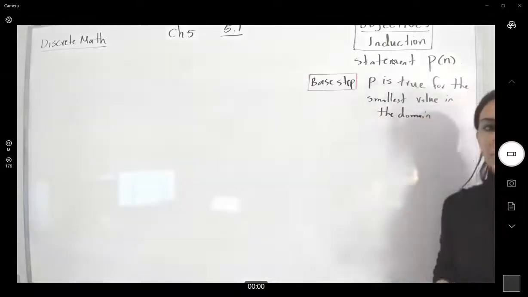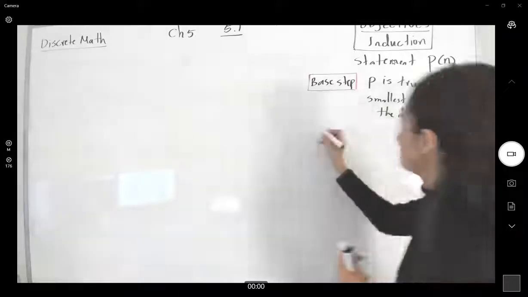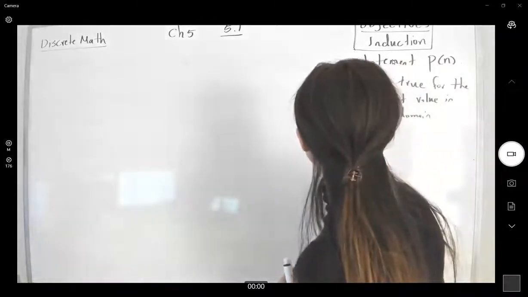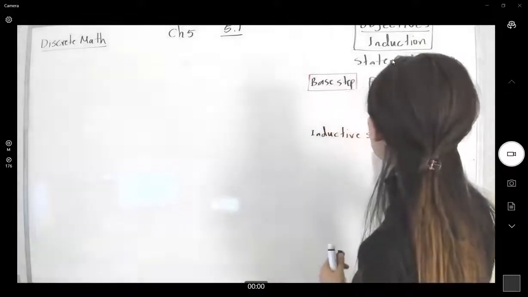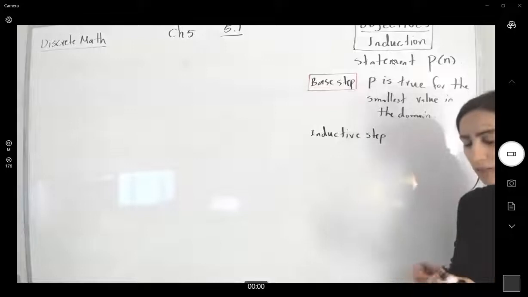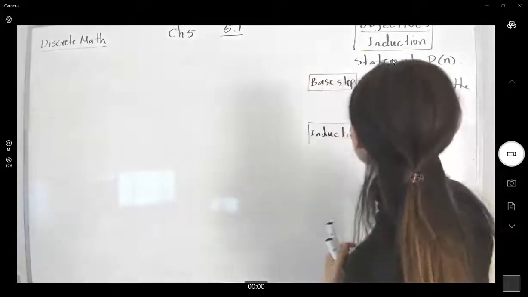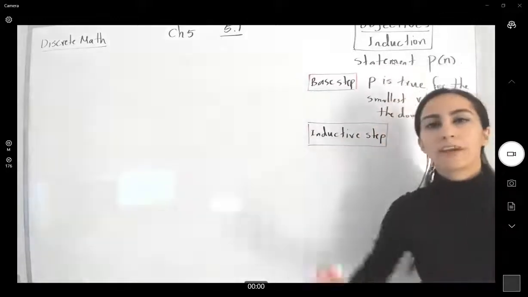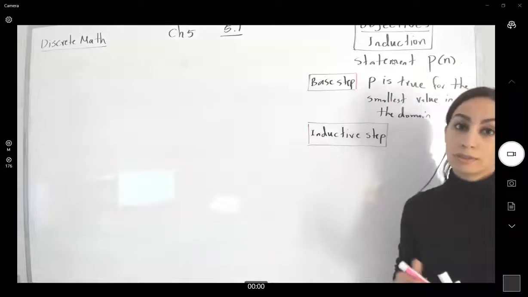After we show the base step, we go to the inductive step. In the inductive step, we say, okay, now suppose this statement P is true for any number less than or equal to n.